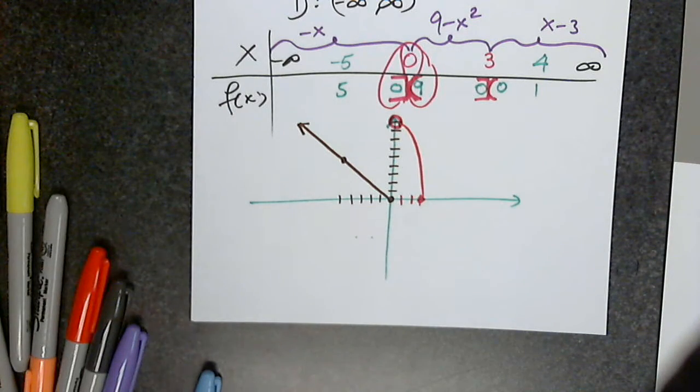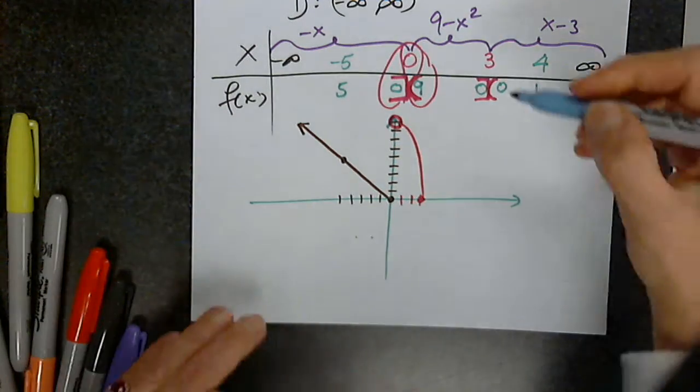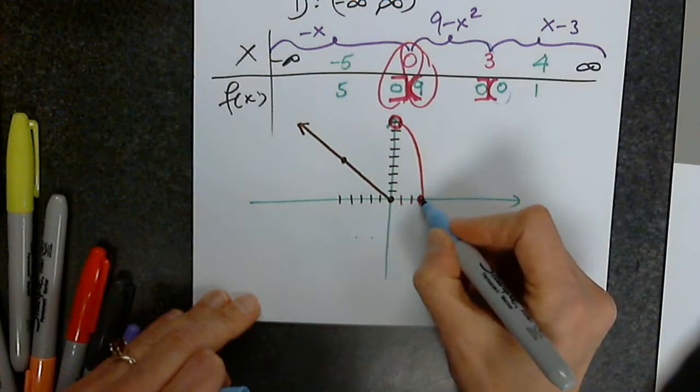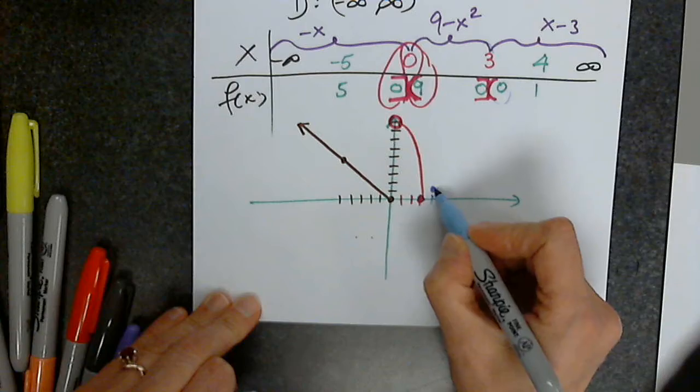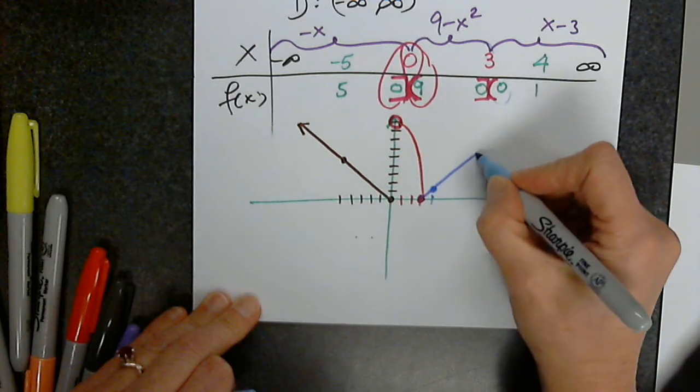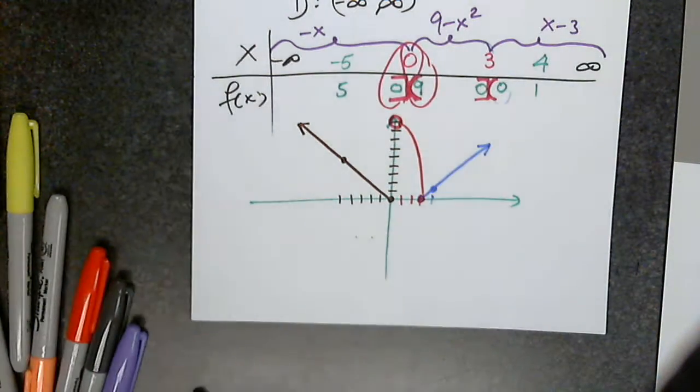Now it happens that this point is the same, so I have to start here. And 4, 1. It is open, but since it's the same point, it's still there.